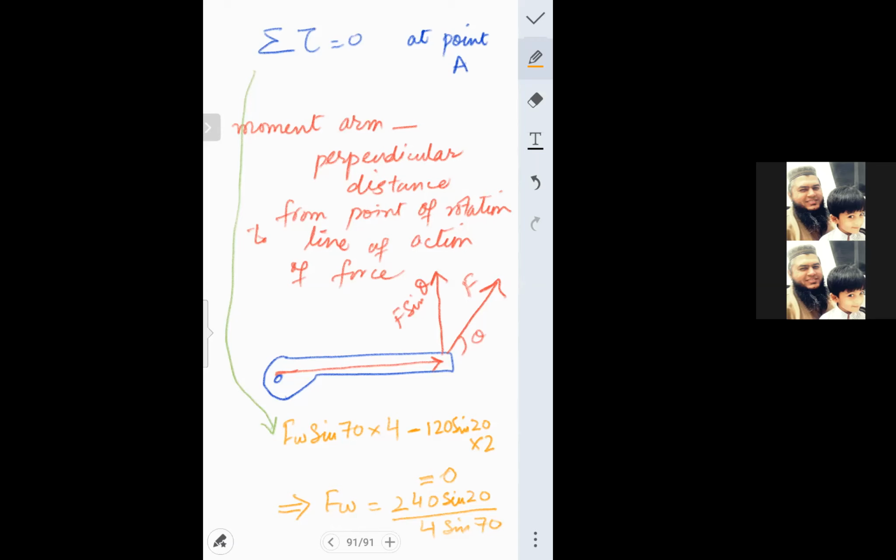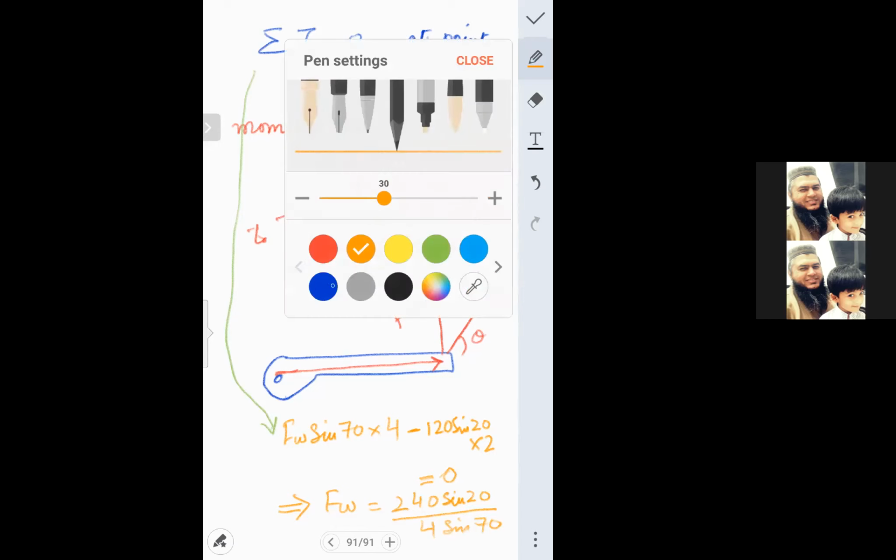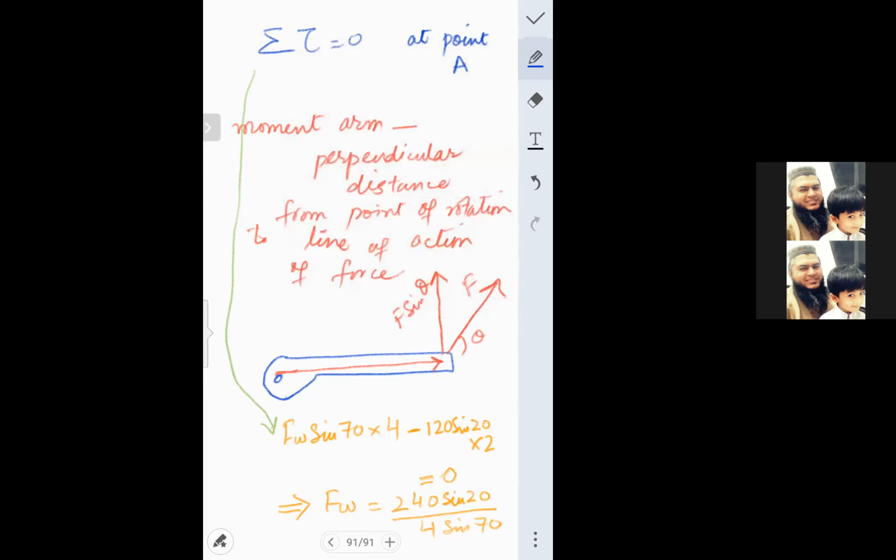That's 60. 60 multiplied by sine of 20 divided by sine of 70. So Fw will be 21.84 newtons.